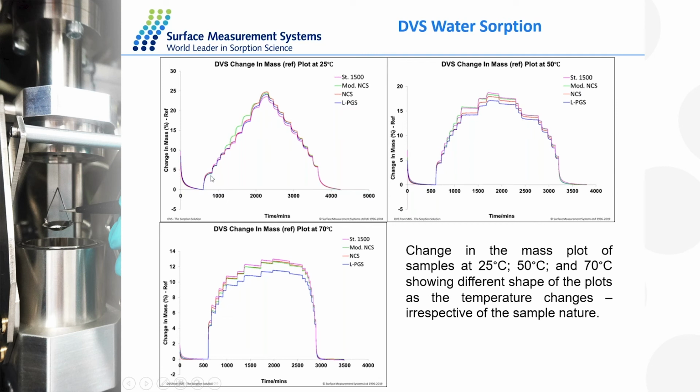Like I mentioned before, going to the next step, we have to reach a certain amount of equilibrium. In this case, equilibrium takes a longer time to reach at 25 degrees. However, when you start increasing the temperature to 50 degrees and 70 degrees, this equilibrium is reached much faster, and the kinetics are much faster at these 2 temperatures.